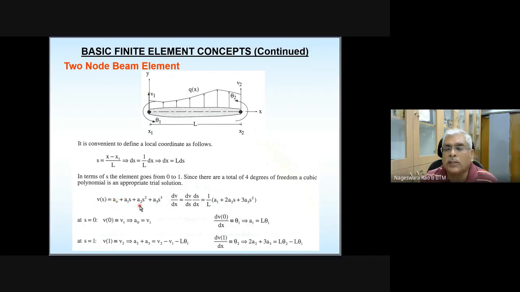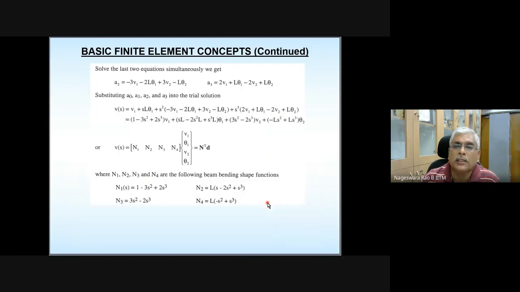Similar to the procedure that you followed for the bar element, if you recall, after substituting A0, A1, A2, A3, we need to group the terms having V1 as common separately, V2 separately, theta 1 separately, theta 2 separately. All that procedure is given here.